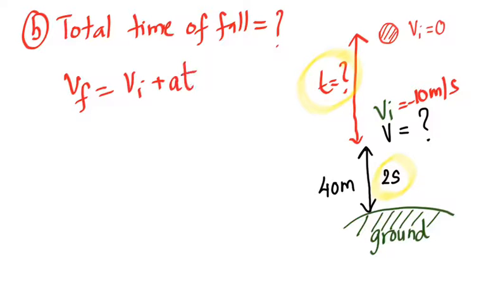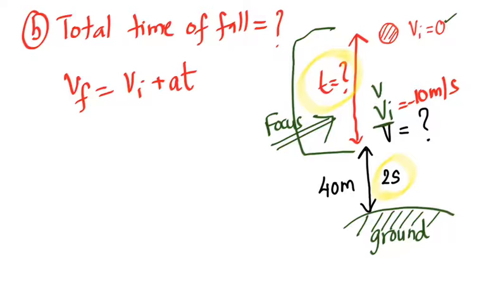We are going to use the first equation of motion, Vf equal to Vi plus At, and focus on the top part. Look at Vi and Vf for the top part. Vi is 0, and Vf is negative 10 meter per second. This negative 10 meter per second was the initial velocity for the last 40 meter, the downward part.